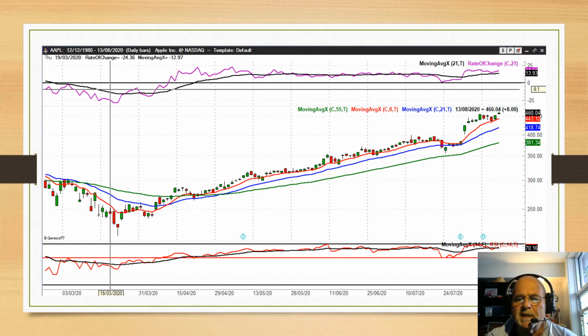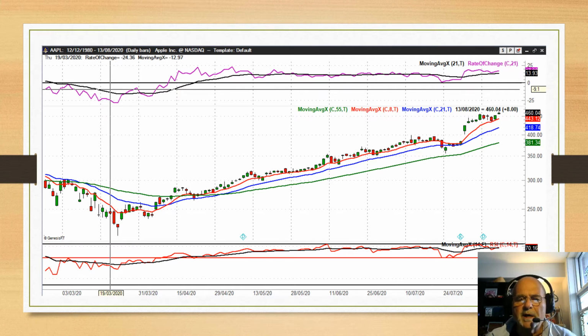All right, so next thing we're looking at is our trigger, which is either the price or the red line crossing above the blue line as the blue line is above the green. We always want to trade with the trend. Now you can see where that occurs after the bottom that takes place.